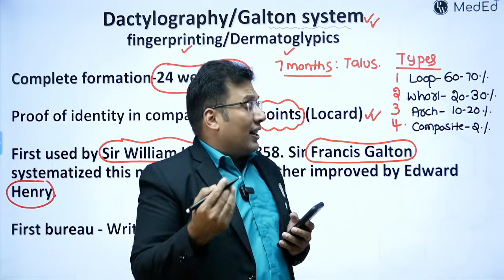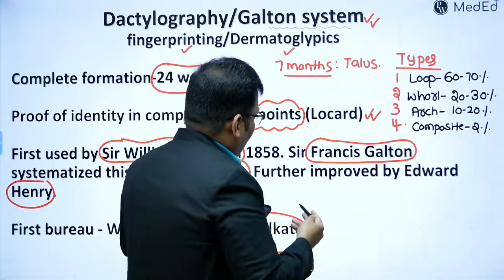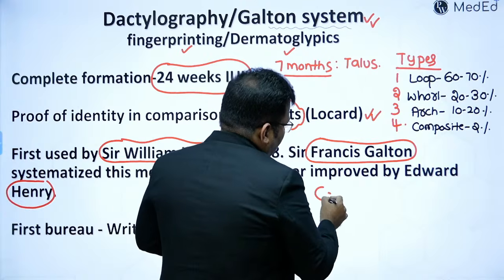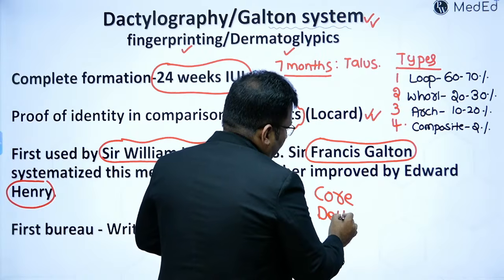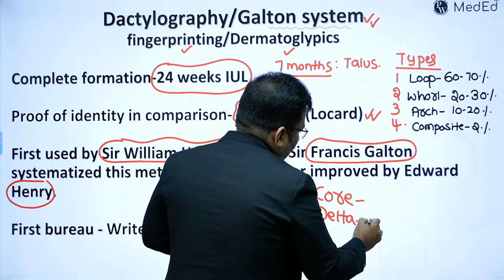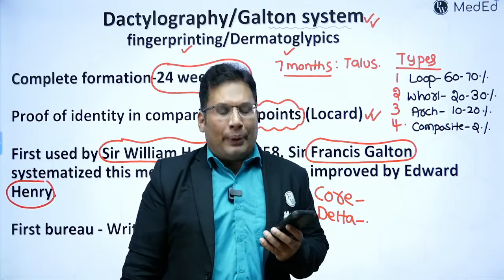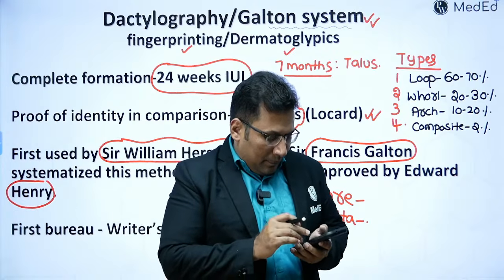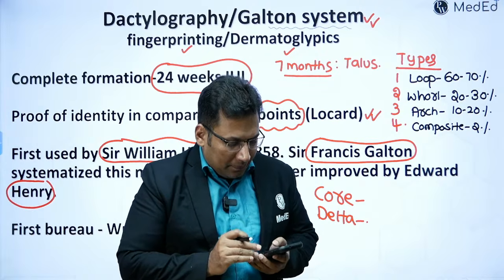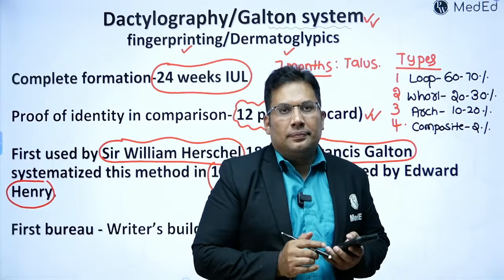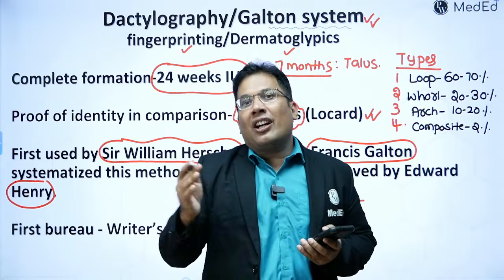And one more important concept here is the core and delta. A very important concept, the core and delta. So what is core and what is delta? Can anyone tell me? What is core and what is delta in fingerprint? Priyanka? See, the core means C for core, C for curving ridge.